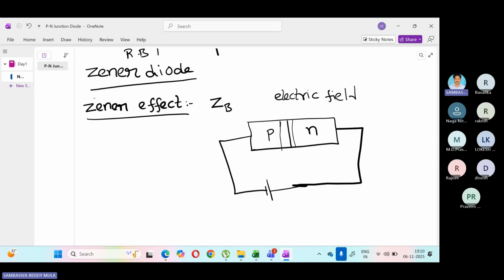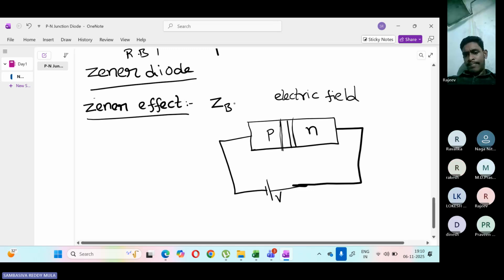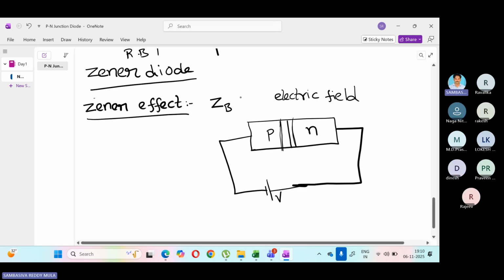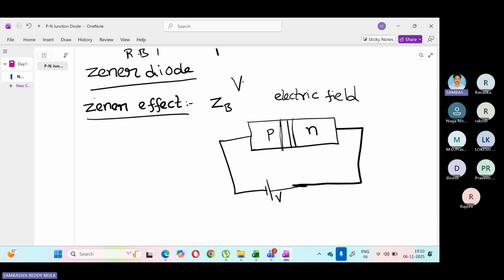The electric field exists at this junction. Then after a certain voltage, when the voltage is increased near the breakdown voltage, that is called VZ. VZ is the breakdown voltage.